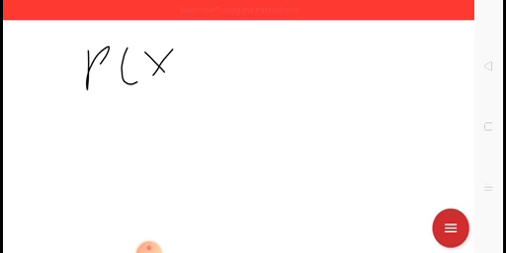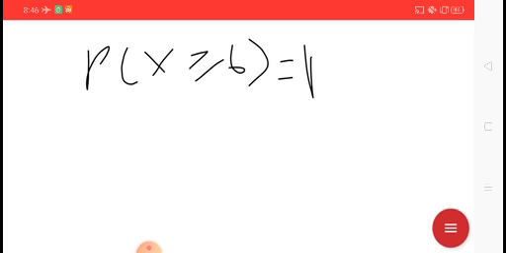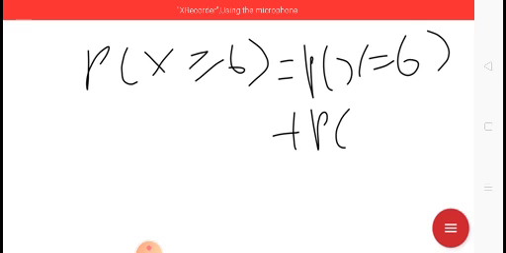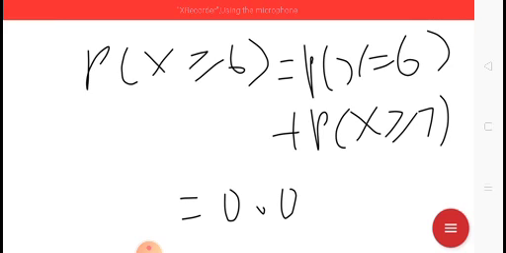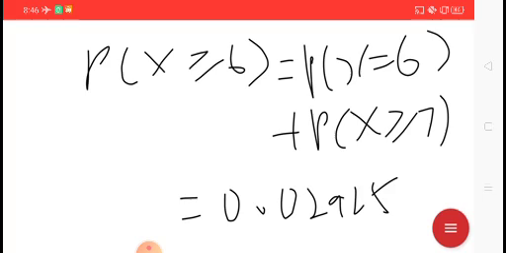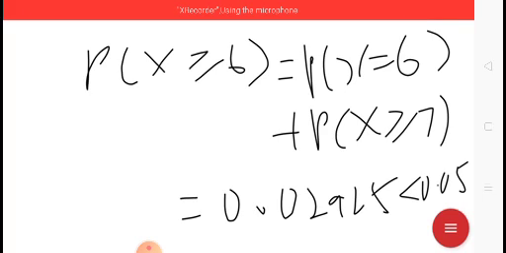So just now it was larger equal to 7, now it is larger equal to 6. So you can use P(X equal to 6) plus just now P(X larger equal to 7), and once you calculate this, you should get 0.02925. So this is still smaller than 0.05. If smaller, you still need to proceed one more step until it is larger. Larger means out already, then you can stop there.